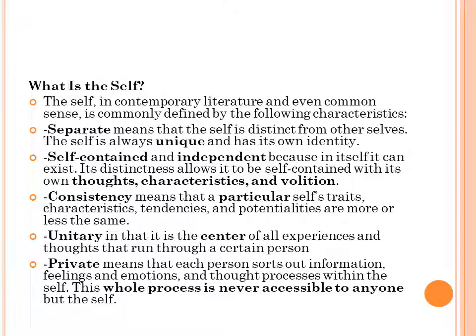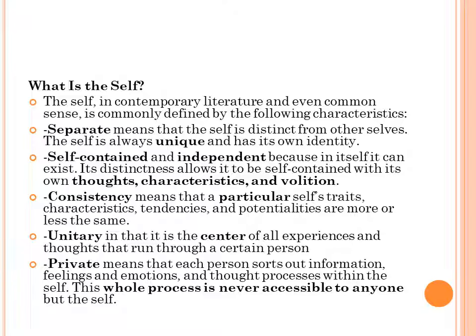Separate means that the self is distinct from other selves. The self is always unique and has its own identity. To simply explain this, if person A and person B have a sense of self, their senses of self are different. It cannot be the same. So that's why it's called separate.